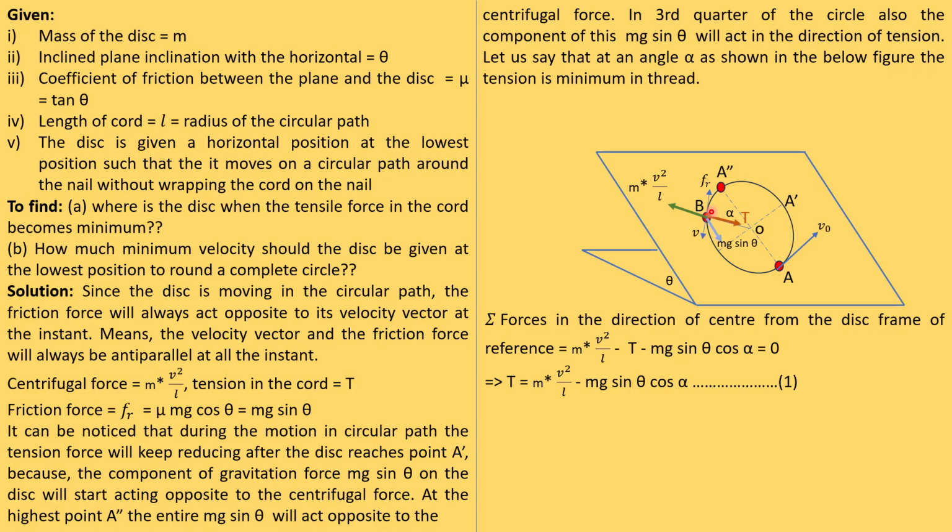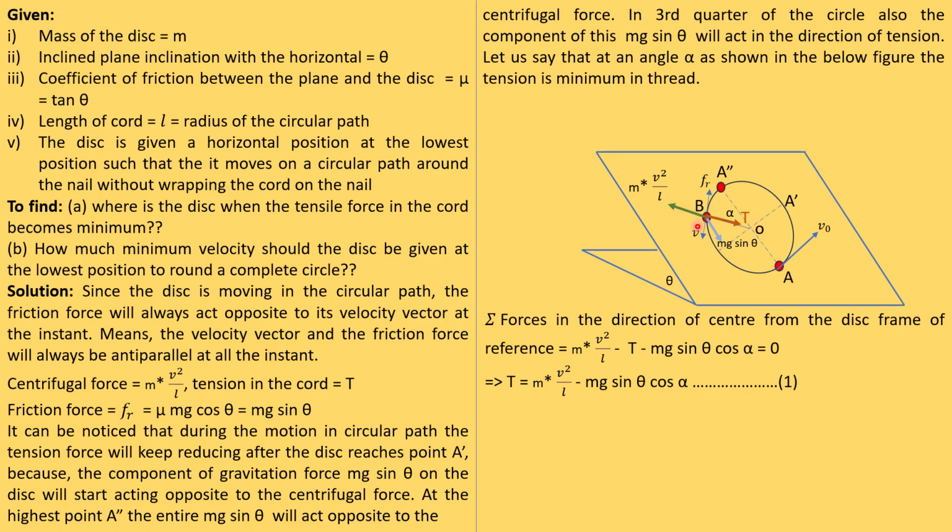So at point B, if we write the equation of motion from Newton's law of motion, we can write, from the frame of reference of the disk P, centrifugal force in this direction minus T minus the component of mg sine theta towards the center, and the sum of all these forces will be 0, because there is no motion outwards.